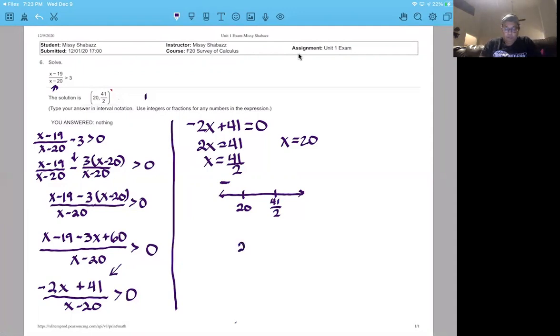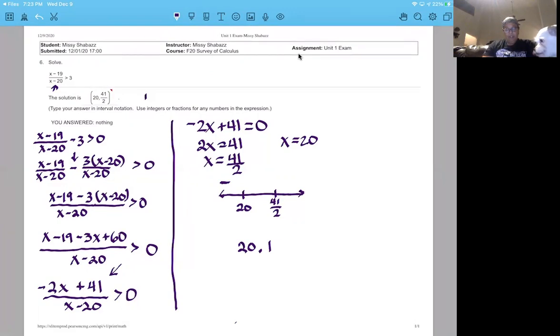So let's plug in 20.1. If I plug 20.1 into the numerator, I'm going to get 40.2.